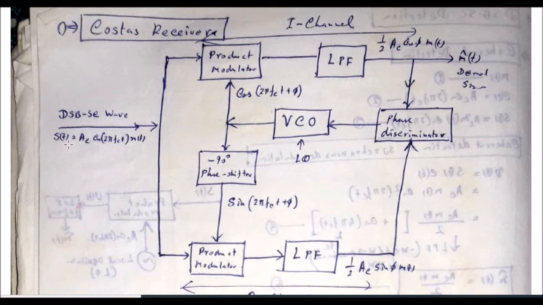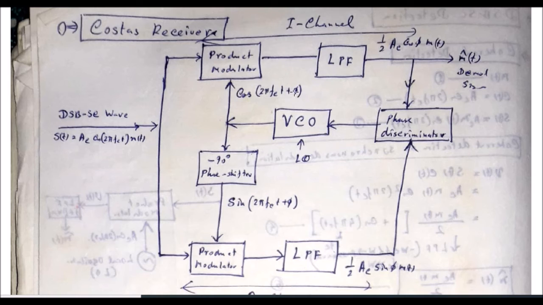Say that this is the block diagram of the Costas receiver. Suppose a DSBSC wave is transmitted, which is received at the receiver, and this wave is now channelized between two channels. On the upper side, it is fed to a product modulator, and on the lower side, parallelly, it is fed to another product modulator. But on the upper side, the other input of that product modulator is cos(2 pi fc t plus phi).